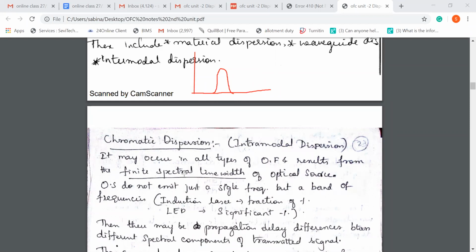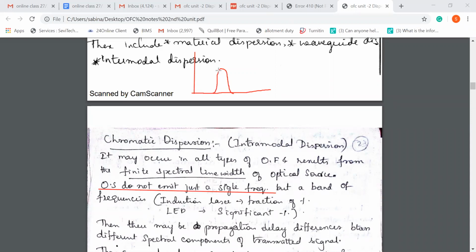So that is the reason it may occur for all types of optical fiber. The intramodal dispersion is there for all optical fiber. Because of the finite spectral line width of the optical source, it does not emit just a single frequency, but a band of frequencies.